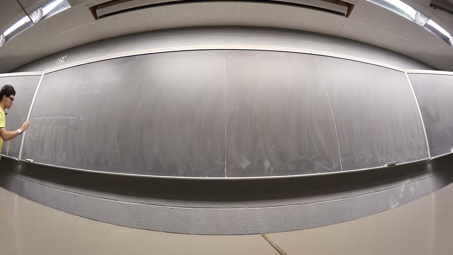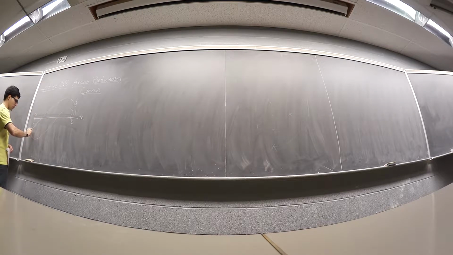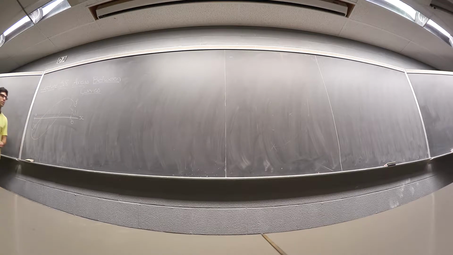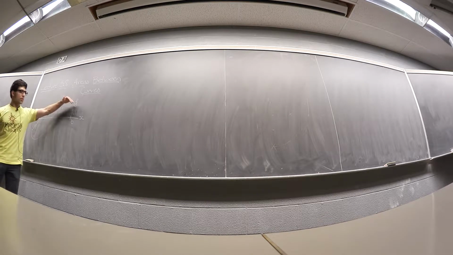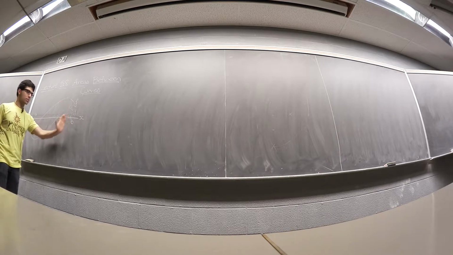Okay. And suppose what we're after, shockingly, is this area. We're looking for the area of the region that's bounded by y equals f at x, y equals g at x, x equals a, and x equals b. They bound our region. We're looking for the area inside there.